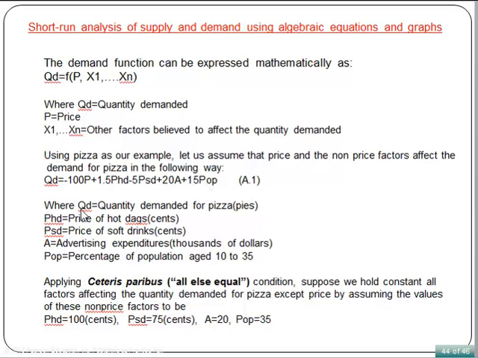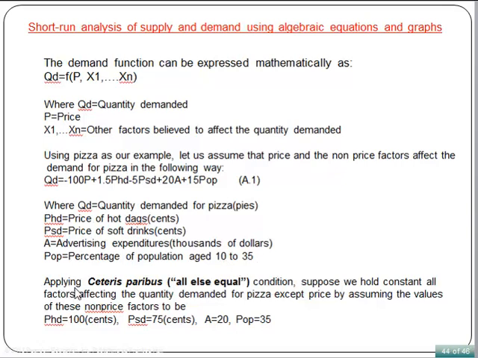Here Q sub D is quantity demanded for pizza pieces. P sub HD is the price of hot dogs, in cents. P sub SD is the price of soft drinks, in cents. A is advertising expenditures, in thousands of dollars. Pop is the percentage of the population aged 10 to 35.